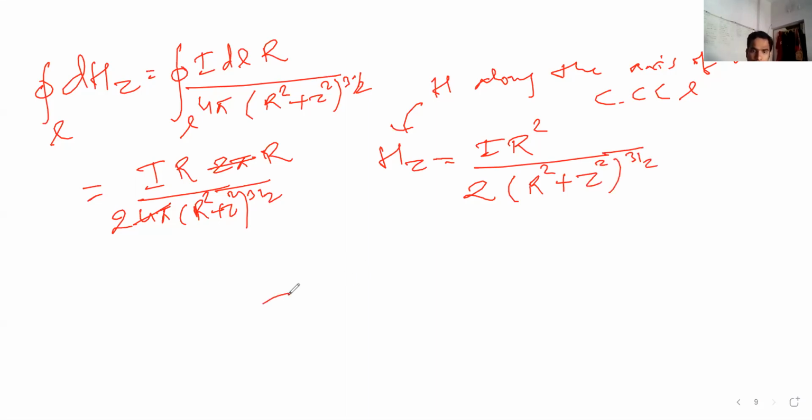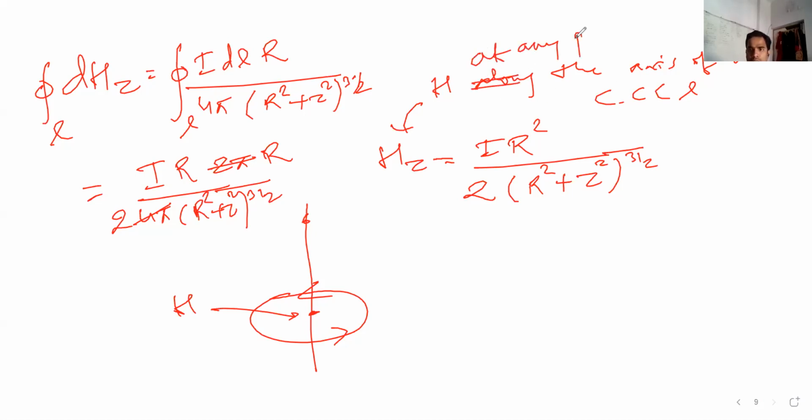That means if there is a circular current carrying loop, then at the center I have got H, and at any point on the axis I can get it. So this is H at any point on the axis of a current carrying circular loop.